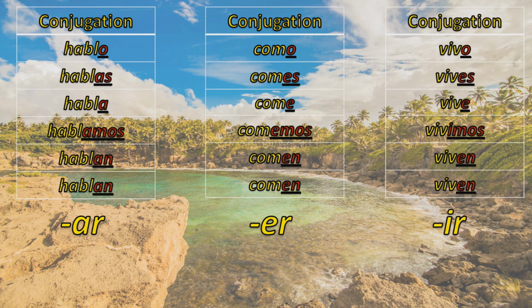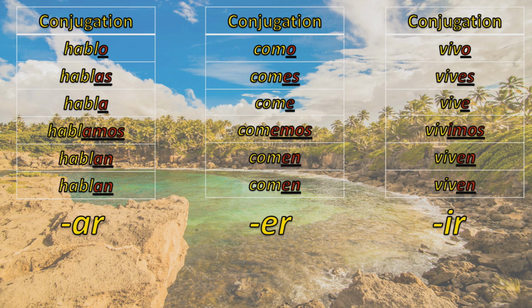And here we have the three groups. I have the group that ends in AR, the group that ends in ER, and the last one ending in IR. And why do I put these three conjugations next to each other?